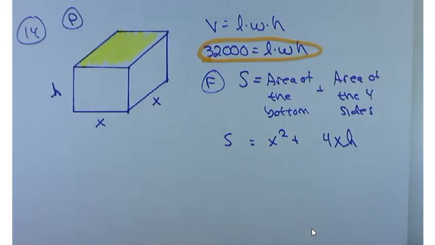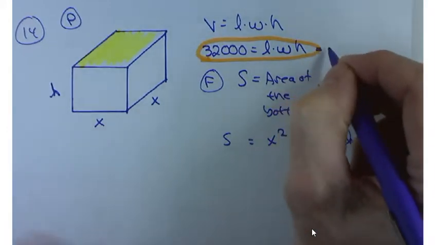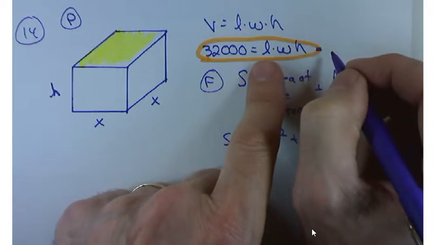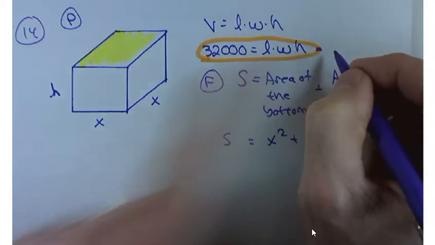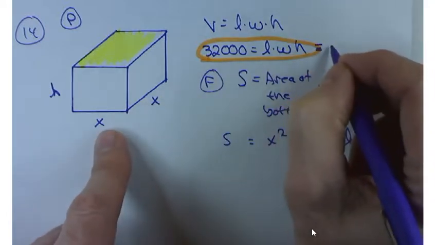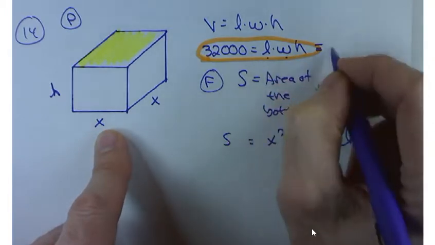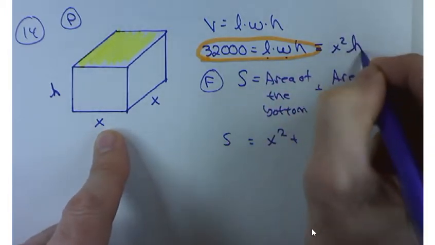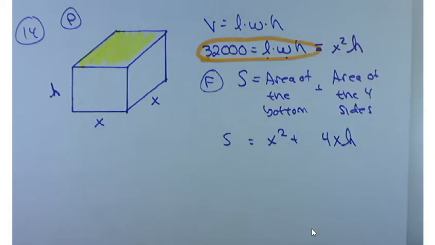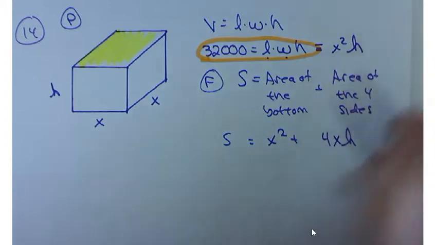32,000 equals length times width times height. And in fact, I can make that a little bit better, because the bottom two dimensions, length and width, are X and X. So X times X is going to be X squared times H. How could I solve for H here?